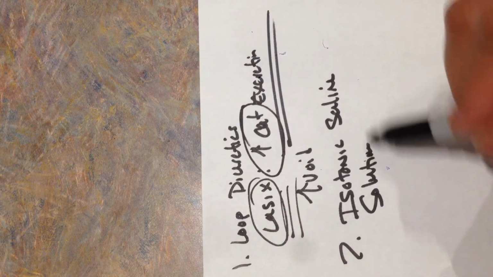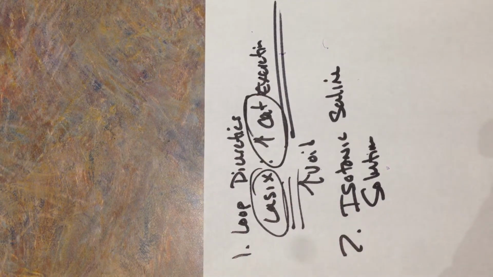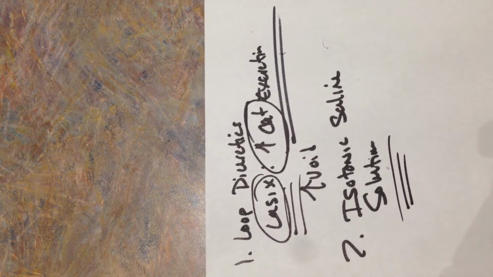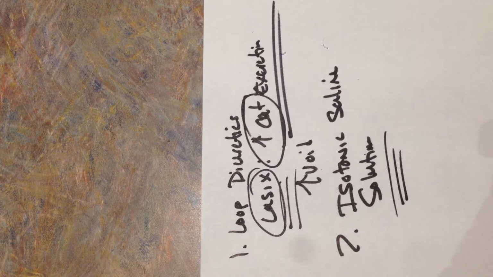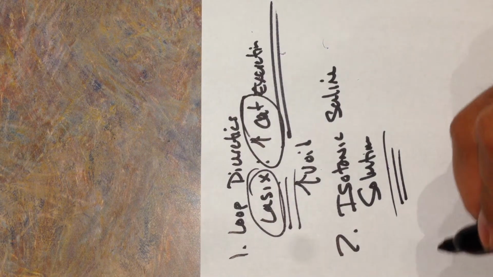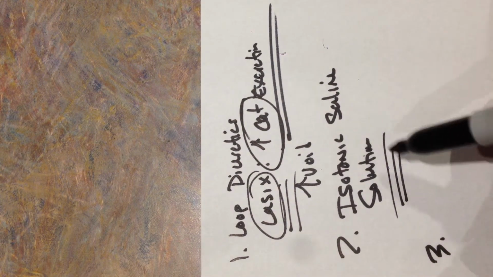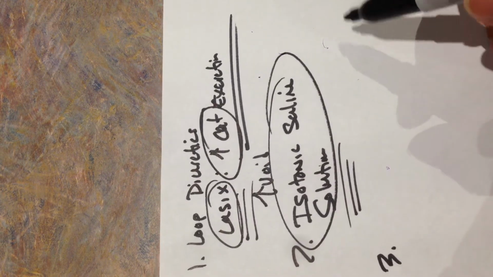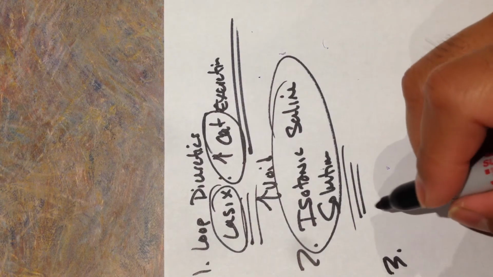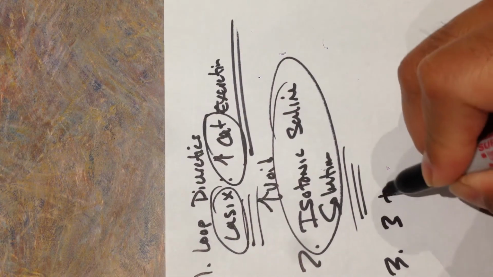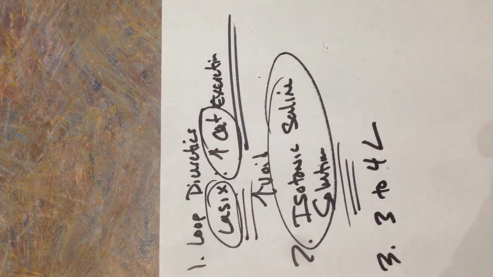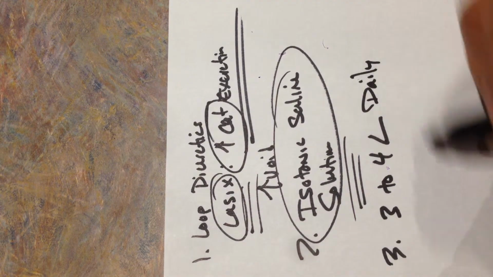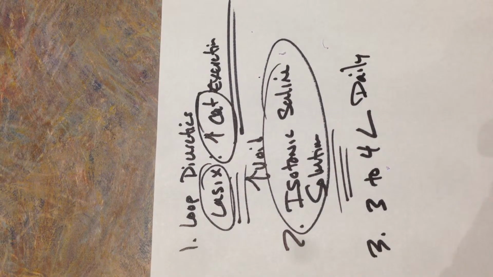As a result, you must replenish that water that is being lost, that fluid that is being lost, which is why you give isotonic saline solutions to prevent dehydration. The other thing that you would do if you are not giving the isotonic saline solution is you might want to tell your client to drink up to 3 to 4 liters of fluid daily. Again, this is to prevent dehydration.